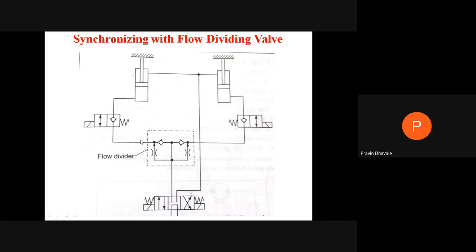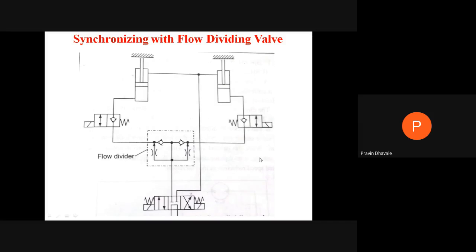Now it will be provided at the inlet of each cylinder. So for the extension stroke, it will be synchronizing only. If you require synchronization of the retraction stroke, the downward stroke, at that time you have to put the same flow dividing valve at this return line also, right?